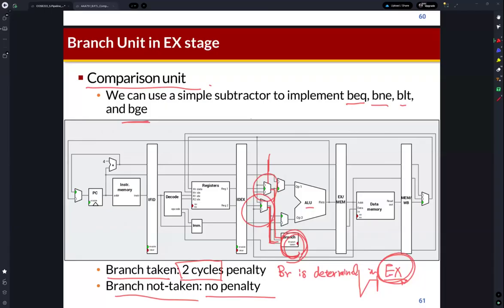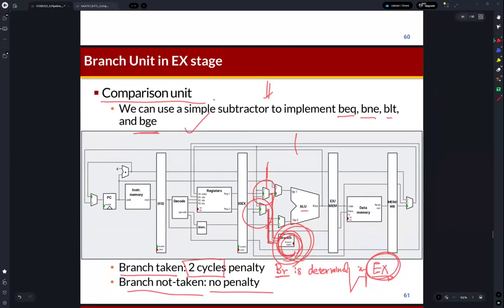But this solution does not cause a new data hazard. So when we design the five-stage pipeline architecture in the lab assignment, we will be requested to design the branch unit in the EX stage, like this solution, right?